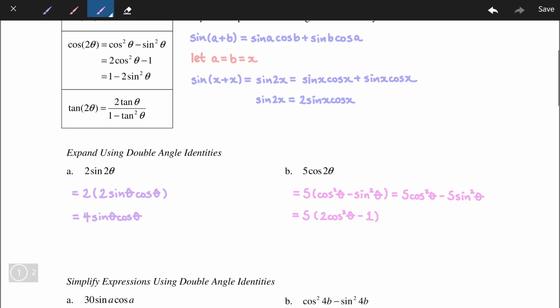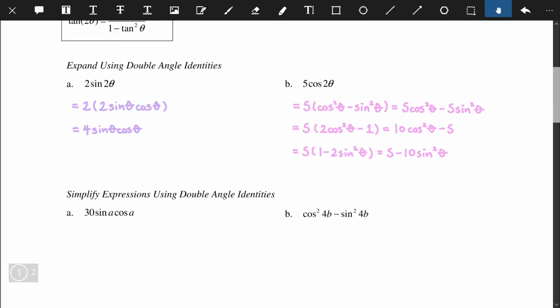So that's also possible. So of course, we'll then have 10 cosine square theta minus 5. And finally, the last possibility we have is 5 times and then 1 minus 2 sine square theta. And that will give us 5 minus 10 sine square theta. So those are the 3 possible expansions using the double angle identity for cosine.